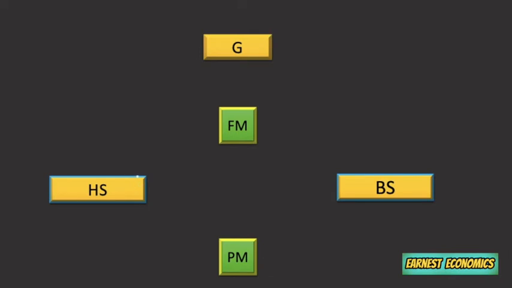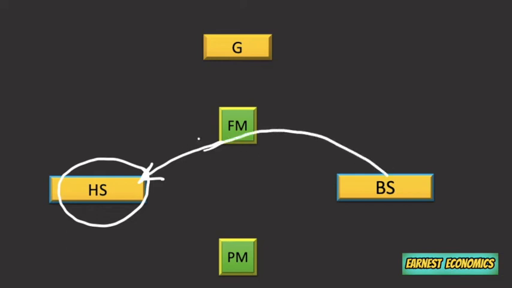Another important thing that we need to keep in mind is national income. When we talk about the income received by the household sector, again it has got three sources. One is the factor payments they receive, because they give factor services to the business sector, and the business sector obviously has to make a factor payment.